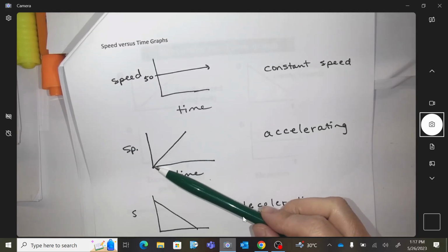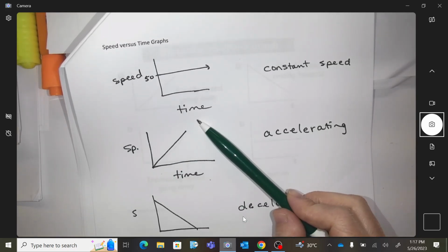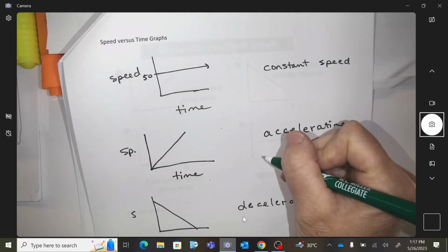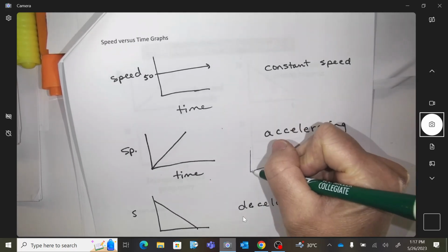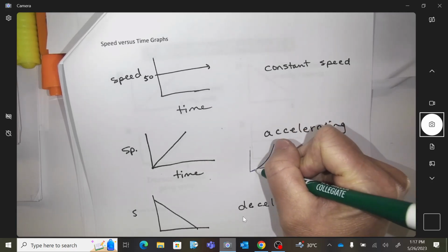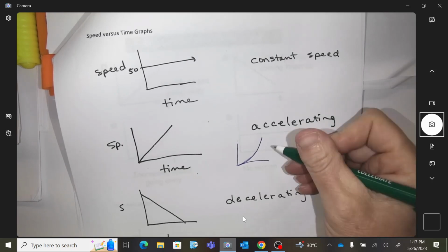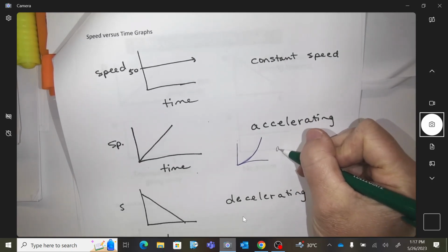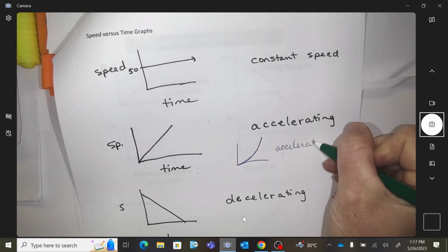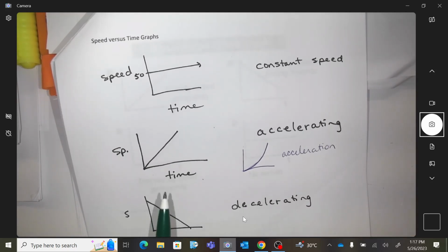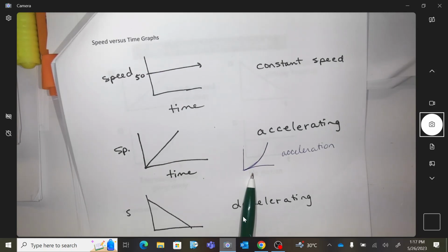If your speed line is going up, it's acceleration. If your speed line curves, it's acceleration again. But what's the difference between this acceleration and this acceleration?